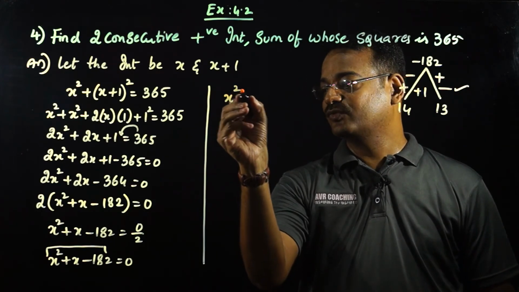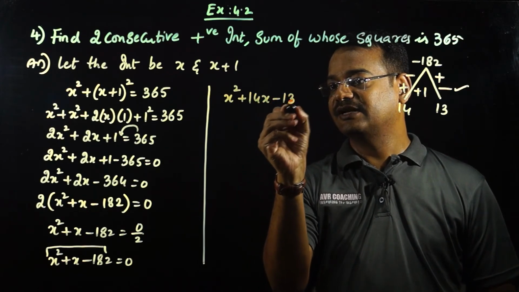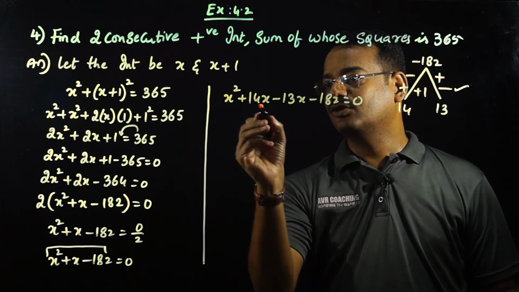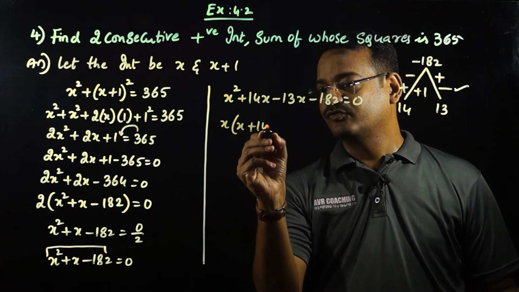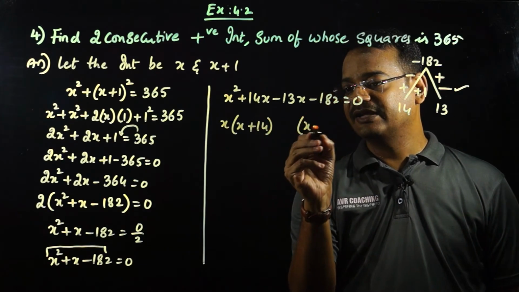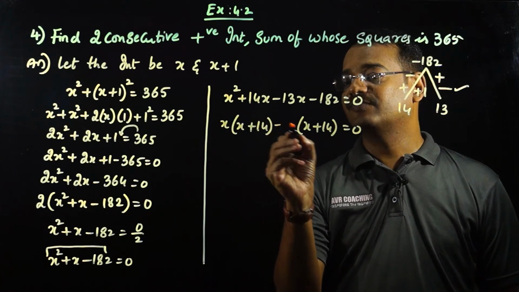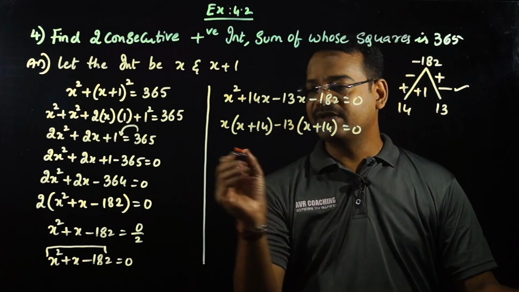So this is x square plus 14x minus 13x minus 182 equal to 0. Now the common term will be x, so x plus 14. Here also we will get x plus 14 equal to 0. The middle term is minus and we are only left with 13 because x is already inside the bracket.